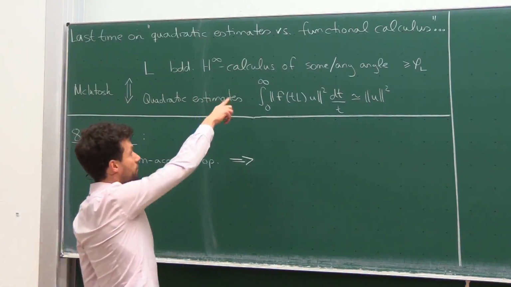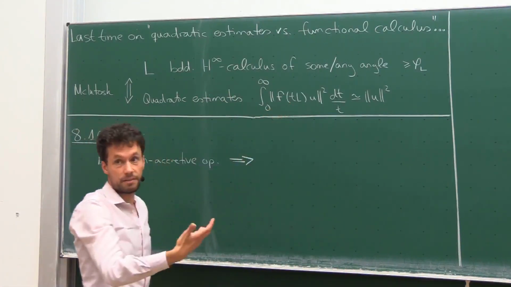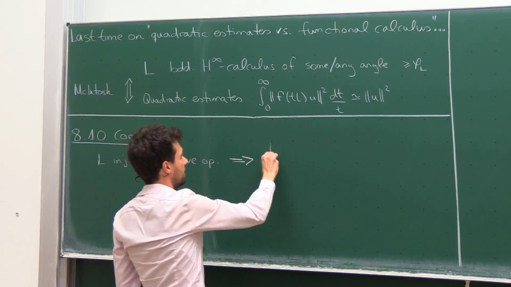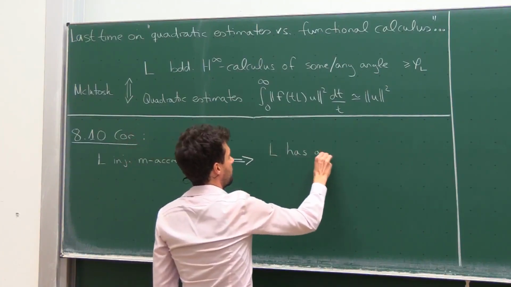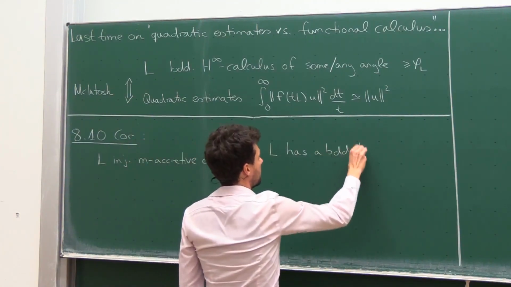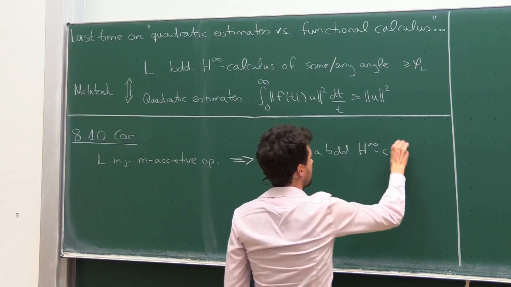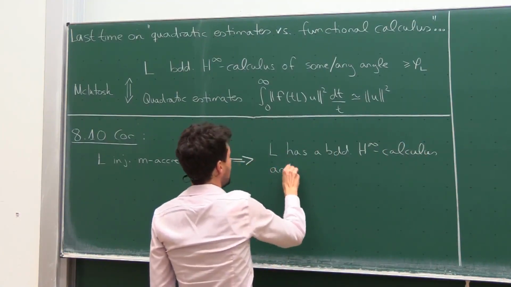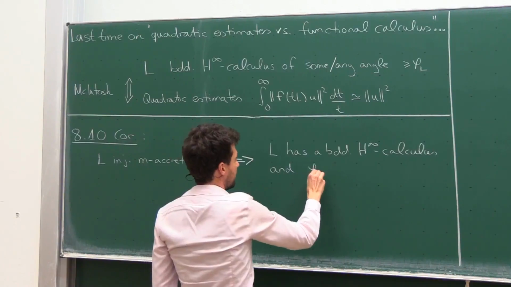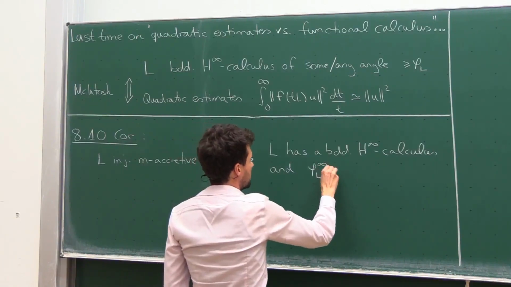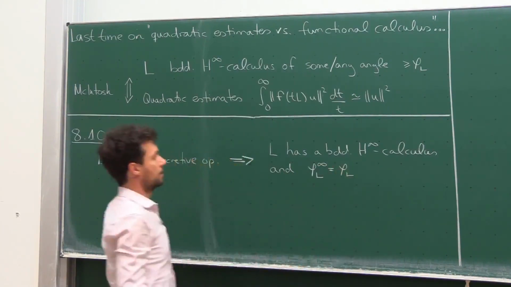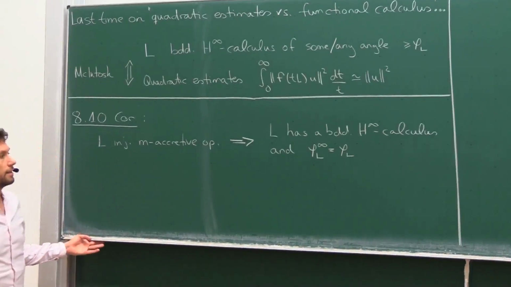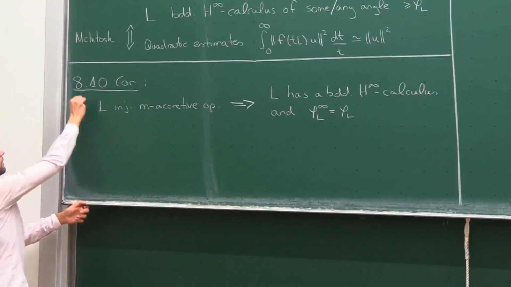But now, in view of this McIntosh result and the independence of the angle, you can write down that L has a bounded H-infinity calculus of any angle larger than the angle of sectoriality. In other words, the H-infinity angle and the angle of sectoriality are the same.